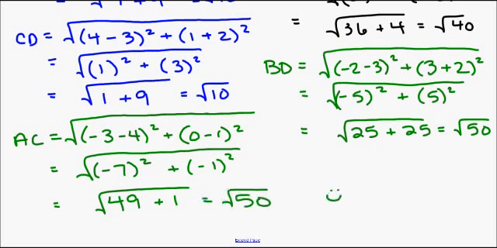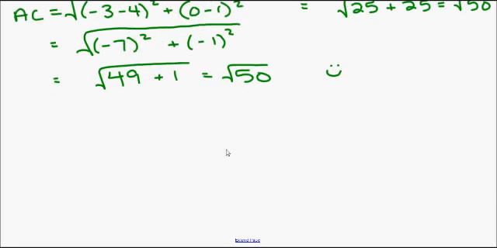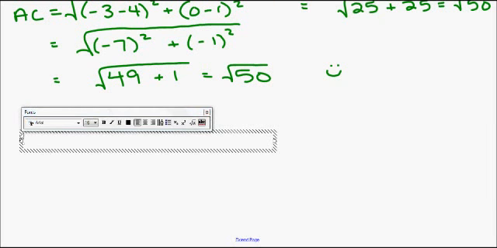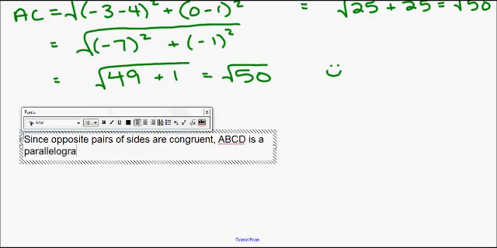Yay! Okay, so let's write a conclusion. Since the diagonals were the same, this is a rectangle. So I'm going to say, since opposite pairs of sides are congruent, ABCD is a parallelogram.